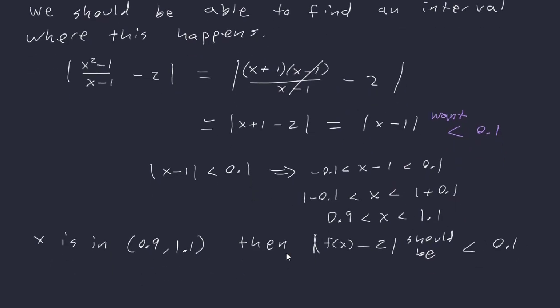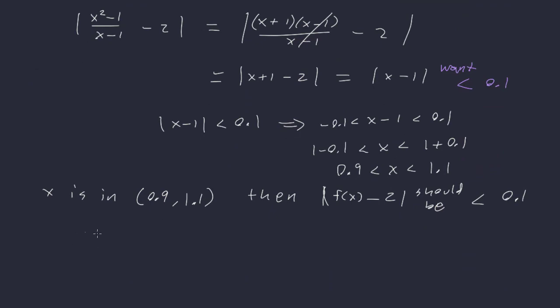Okay, so let's pick x as 0.95. f of 0.95 will be 0.95 squared minus 1 all over 0.95 minus 1.